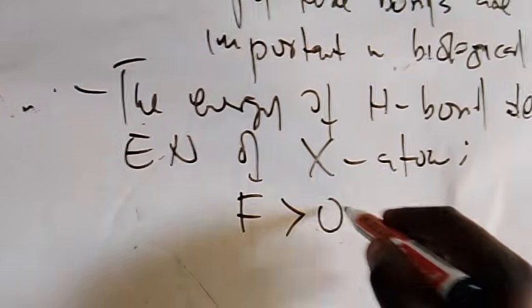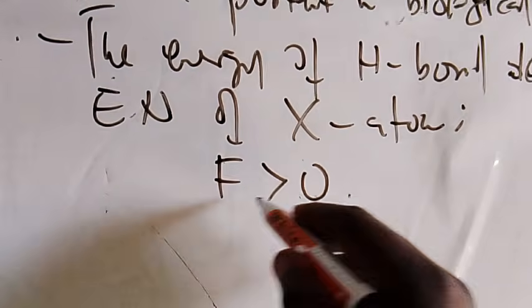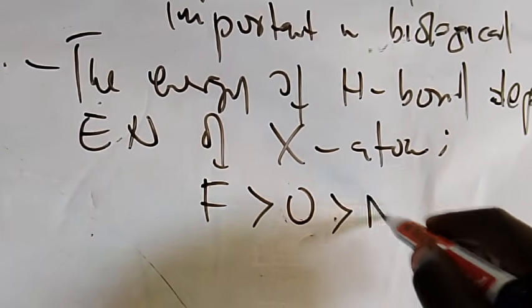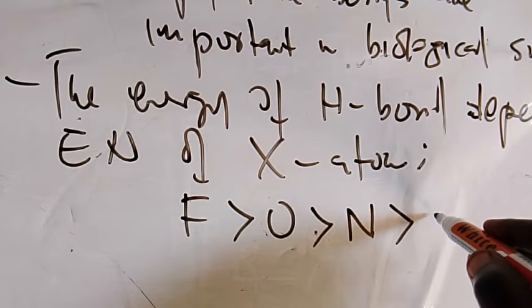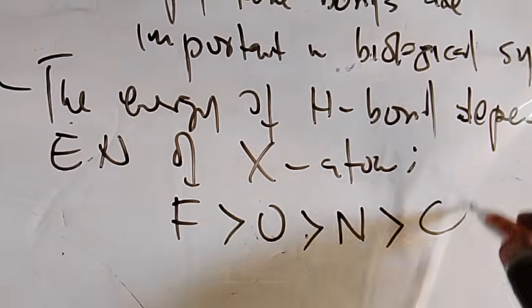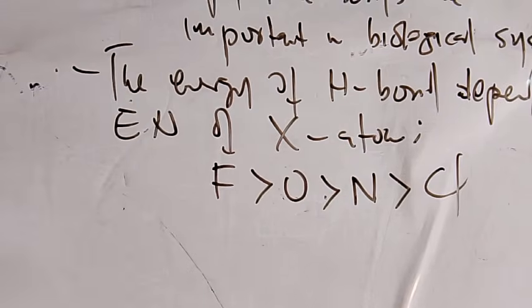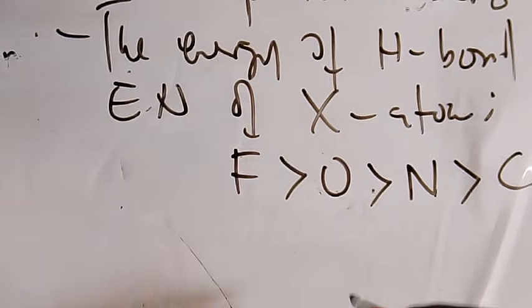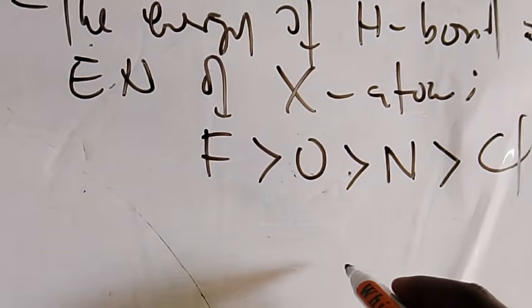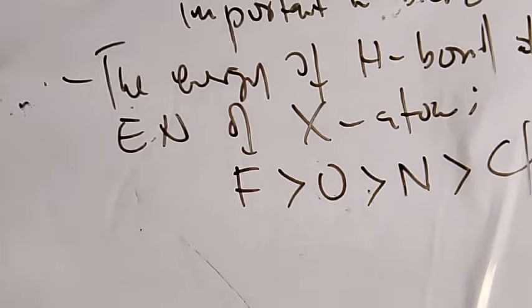For example, fluorine is more electronegative than oxygen, oxygen is more electronegative than nitrogen, and nitrogen is more electronegative than chlorine.